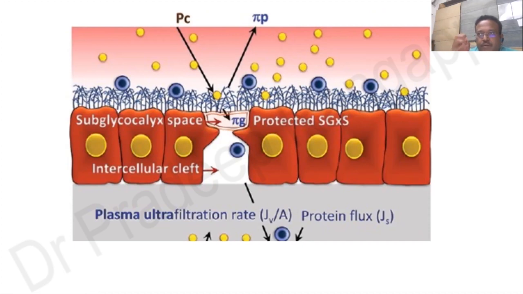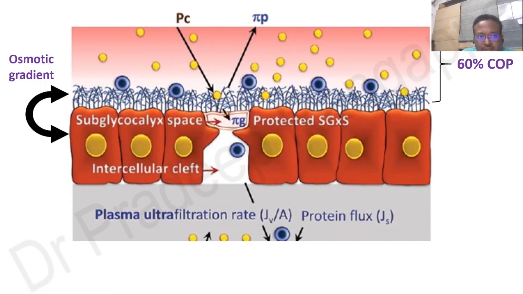That is called the endothelial glycocalyx layer oncotic pressure. That is the pressure which determines the movement of the fluid into the venules. 60% of the colloid oncotic pressure is found to be maintained by this albumin that is adsorbed on the EGL. That is our current understanding.